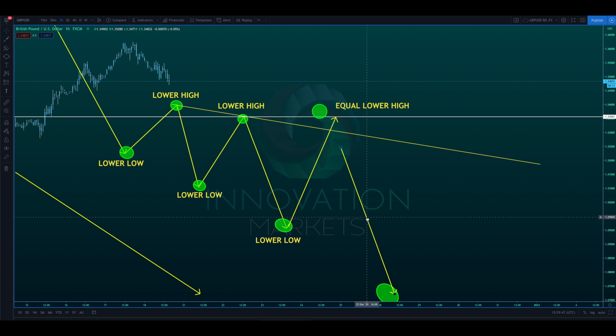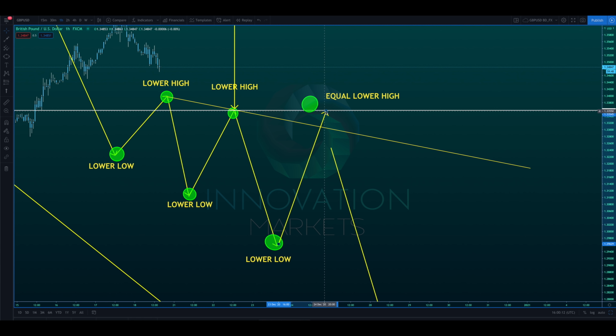And here I'll give you a brief explanation why. We know from market structure that price has to break this level here, the last lower high, in order to invalidate the trend. So if price breaks above the trend line, that's fine, but it doesn't mean it's broken the trend, because it has to break above this equal lower high potential that it might make.